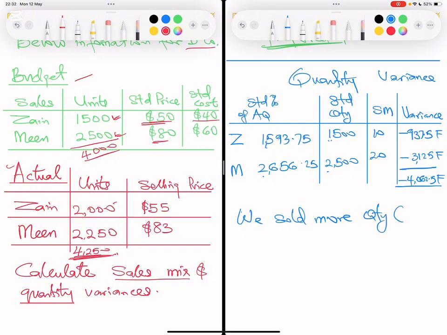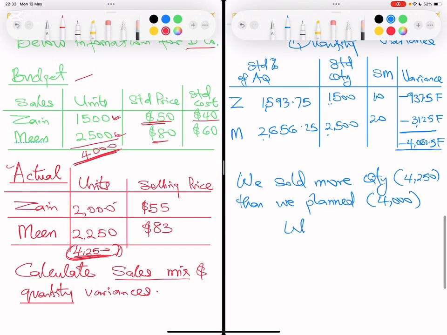Talking about our actual quantity of 4250 here. So we sold more quantity, 4250, than we planned. We planned to sell a total of 4,000.